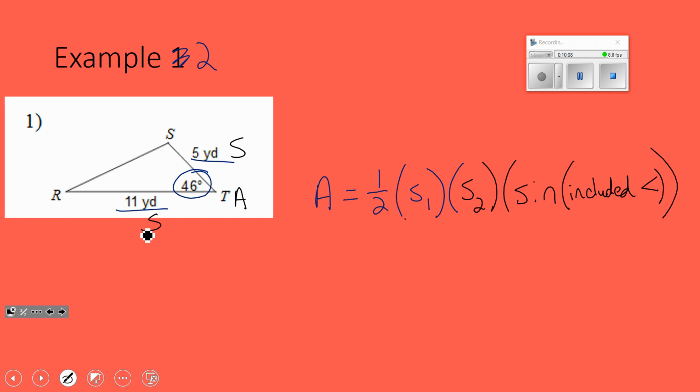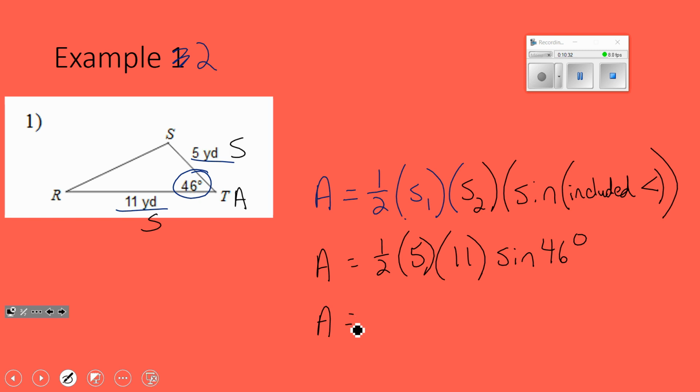Okay, so if we plug this in, this would be 1/2 times what? What's our first side? Does it matter? No. Okay, so 1/2 times 5 times 11 times the sine of what? 46 degrees. That's a lot shorter, right, than doing the whole line of law of cosines and then Heron's formula.